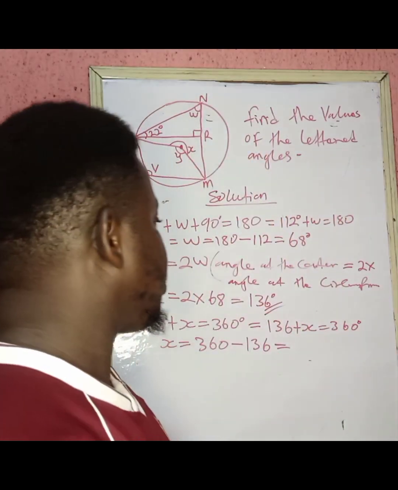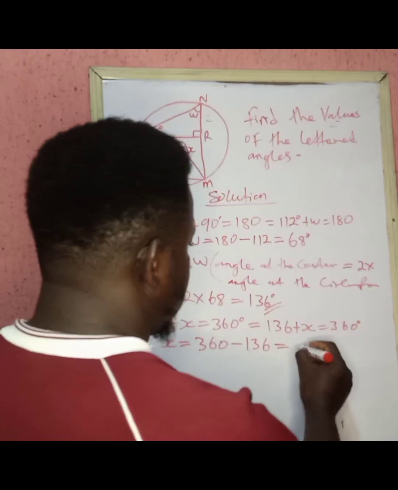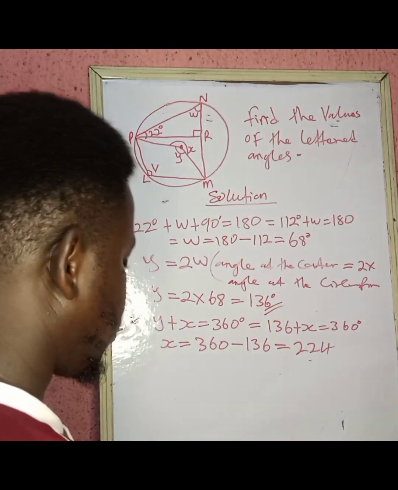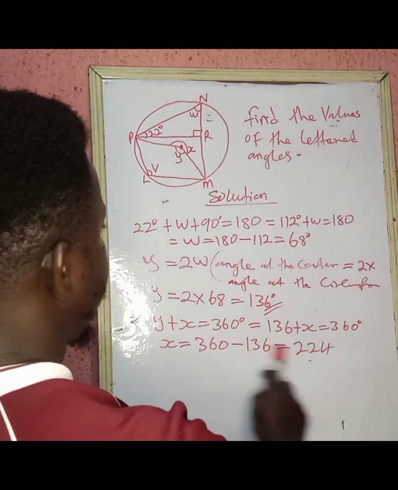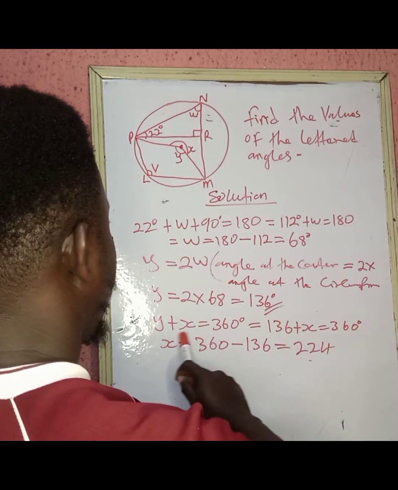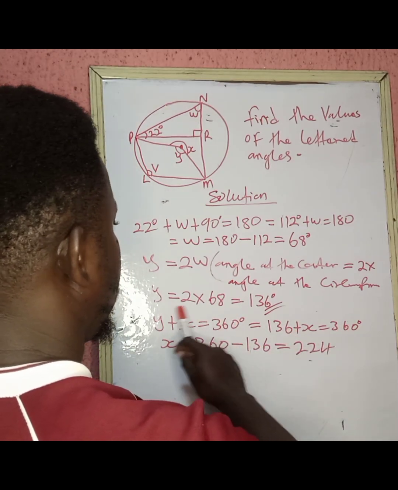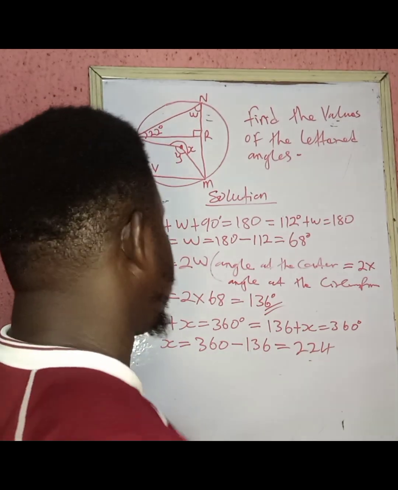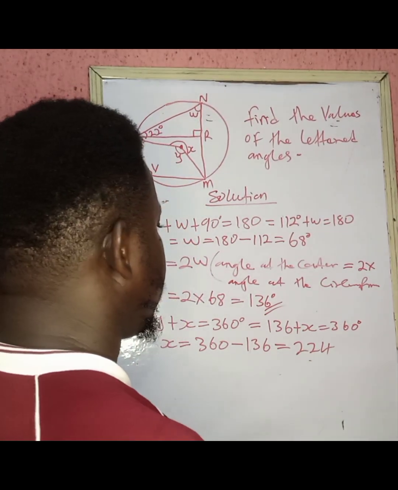Let's continue. So this will give us 224. Now we have our X, we have our Y. What's our Y? We have our Y 136. We have our X 224 degree.